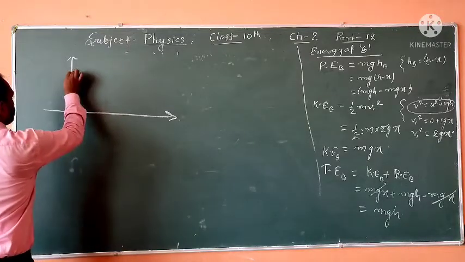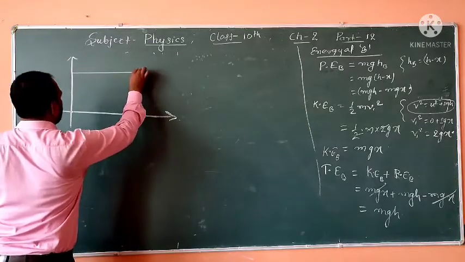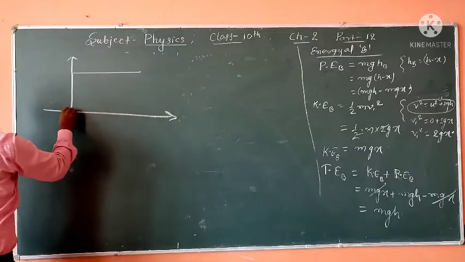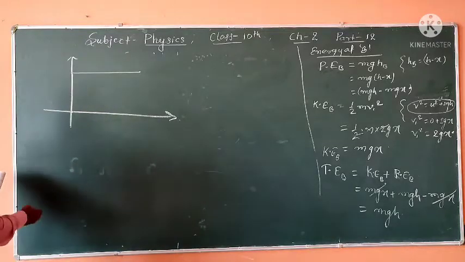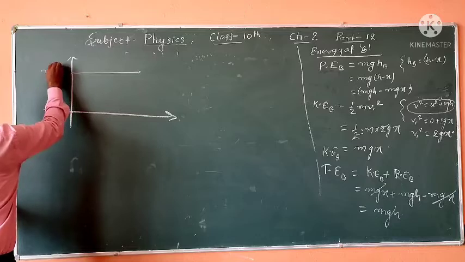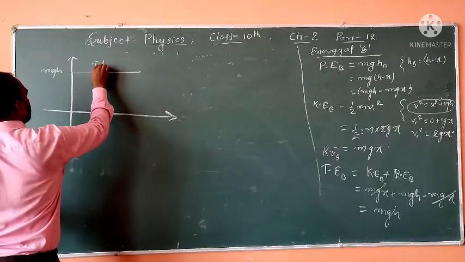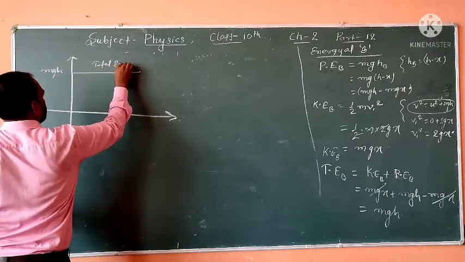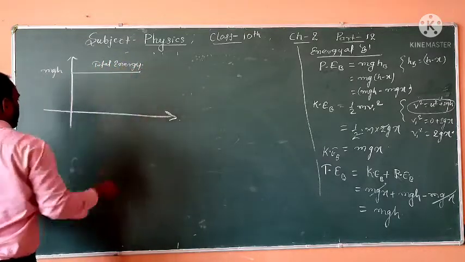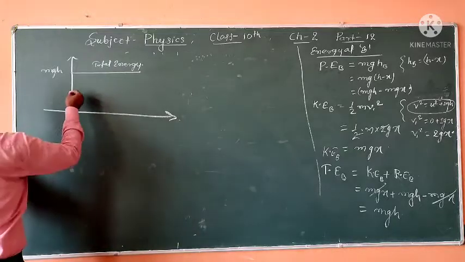Okay here. When the body is at some height, mgh, its potential energy means total energy. I'm just explaining by drawing it.